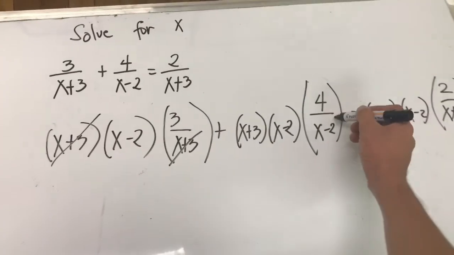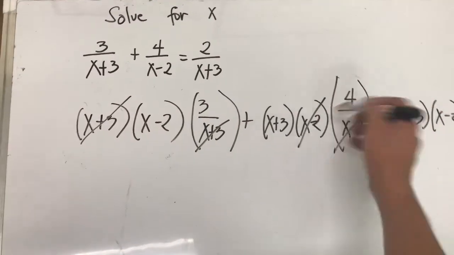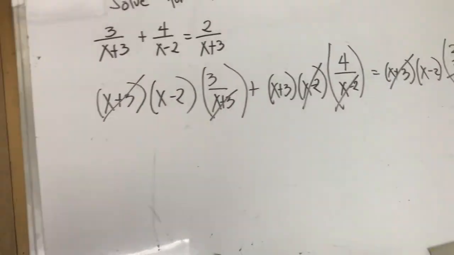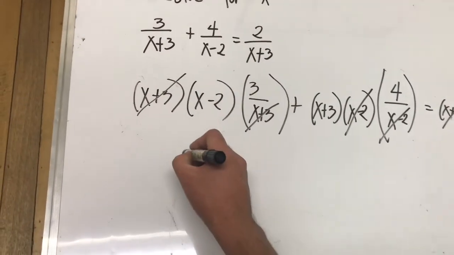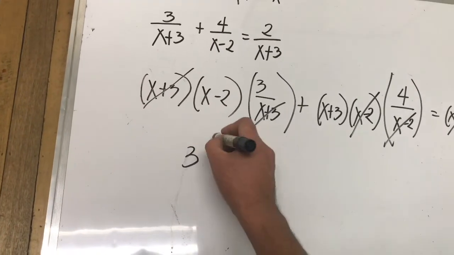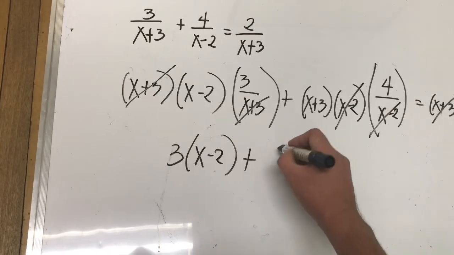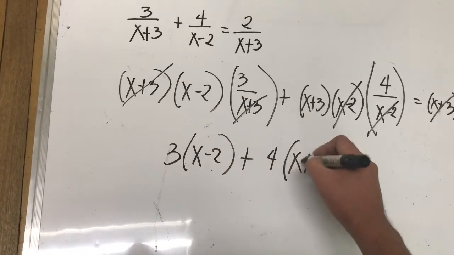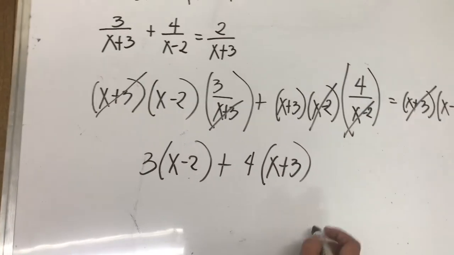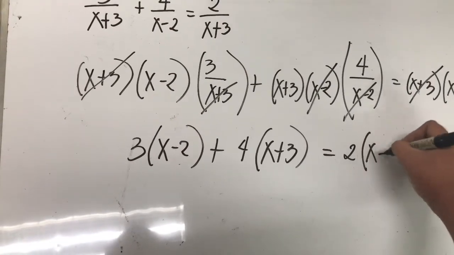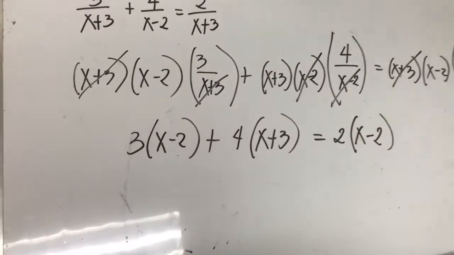We can also cancel this. Cancel and cancel. Then, copy kung ano lang yung maiwan. So, we have 3 times x minus 2 plus 4 times x plus 3 is equal to 2 times x minus 2. Okay?